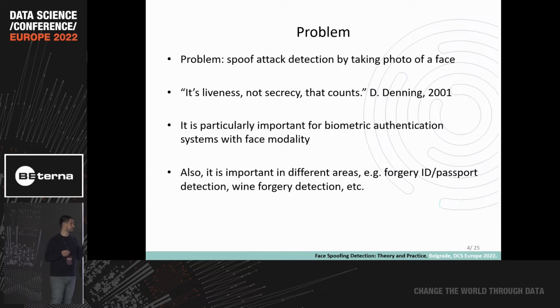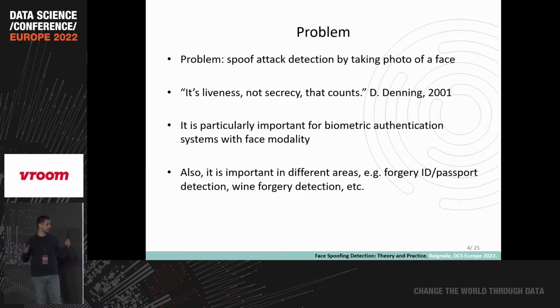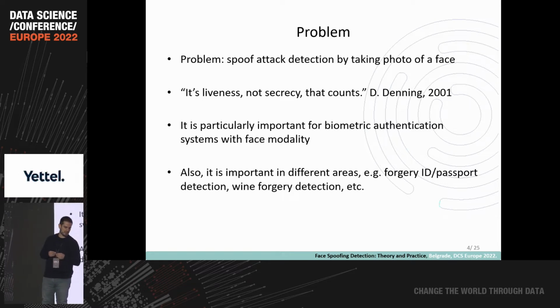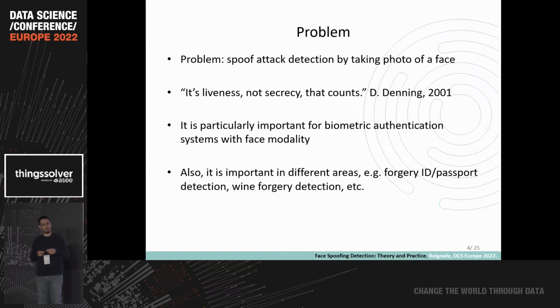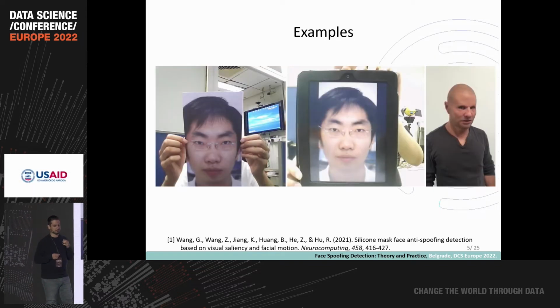Also, this problem is a rather big, rather hot topic, and it can be used in different areas. For example, for detecting forgery of ID or passport, any personal document. In fact, even for detecting wine forgery, when someone tries to forge wine corks and so on.